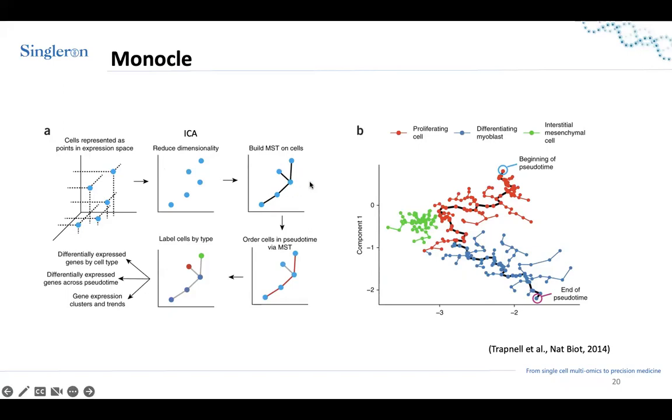If you have a tissue where you have stem cells that differentiate into fully mature cells, it will not be able to tell you that this point is where it should start. You have to help. So if you know that the stem cells are located here, then you would say this is the starting position. Then this would be the end position as it is the main branch.